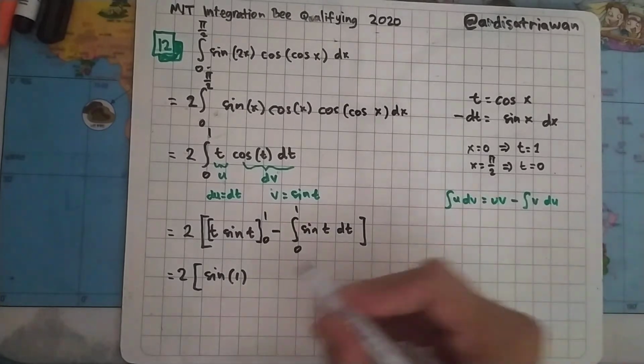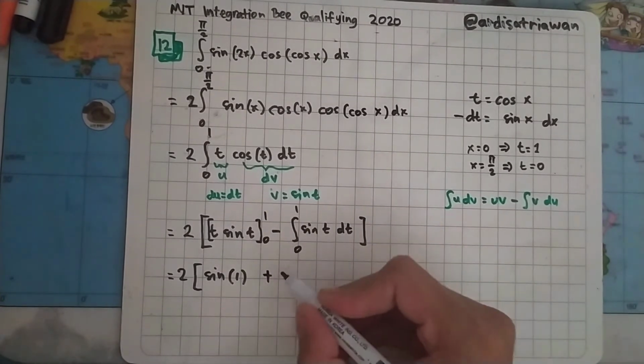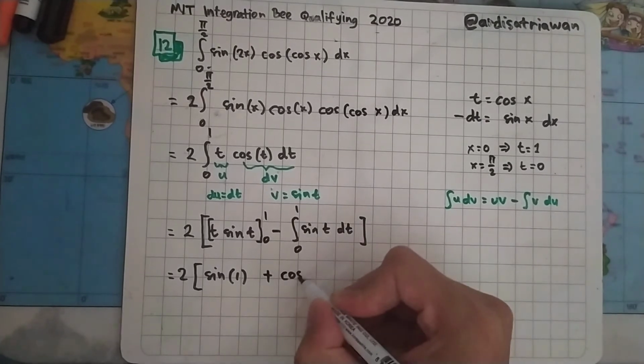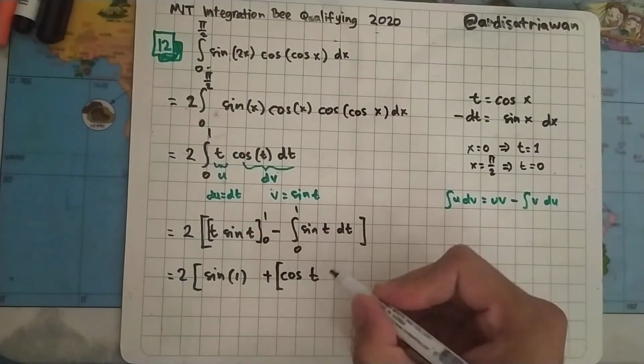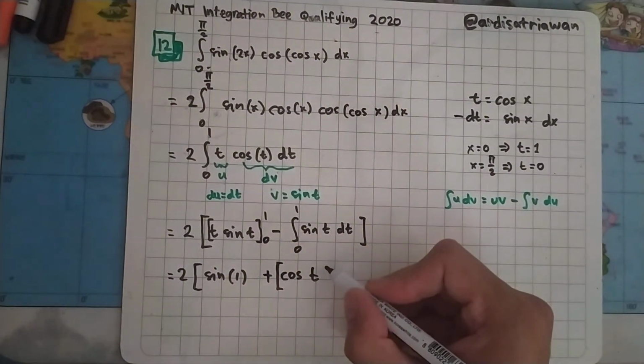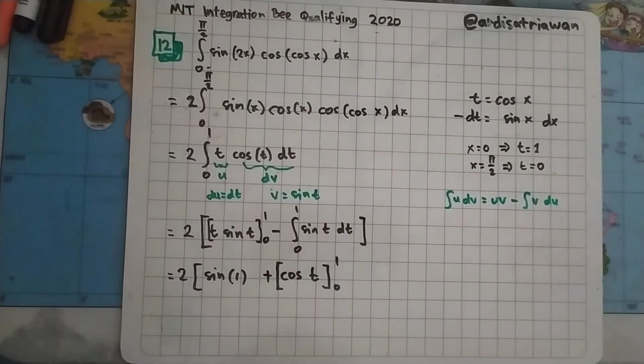That will make our sign of integration become plus, and we'll have cosine of t from 0 to 1.